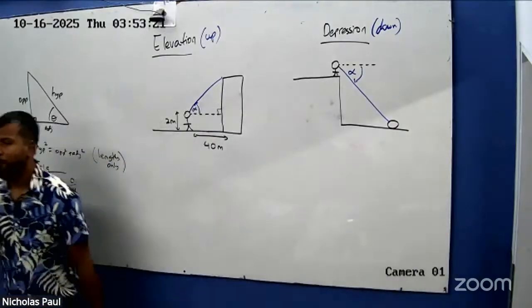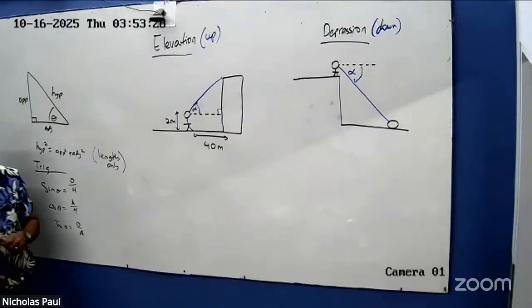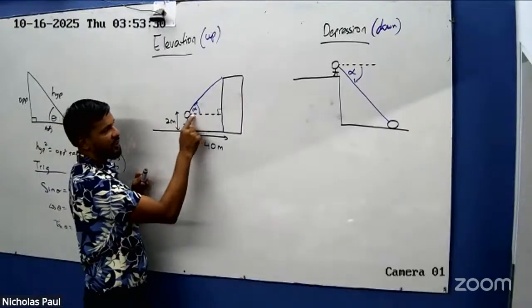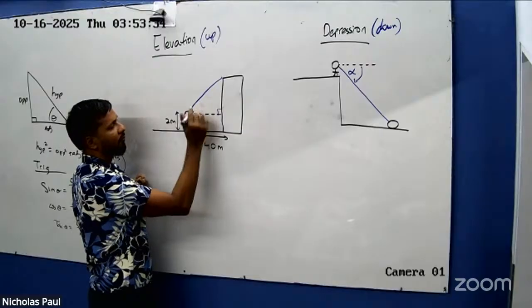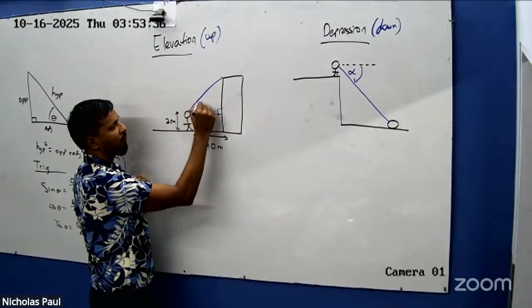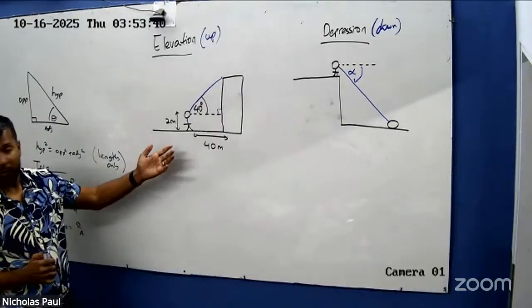And what else did they give us? The angle of elevation, that's this angle here, is 40 degrees. Everybody okay with that? So your diagram will look like this.